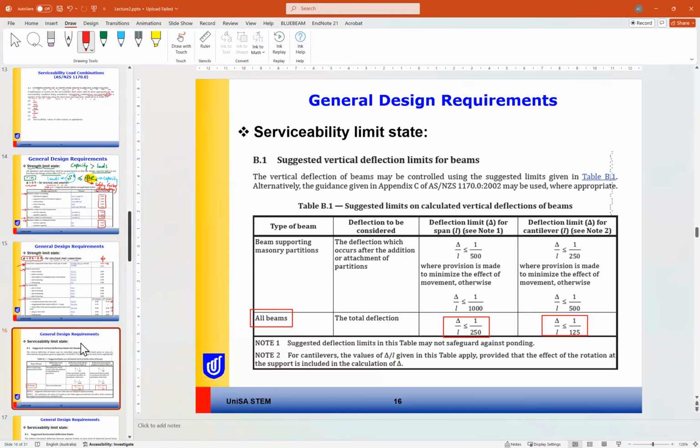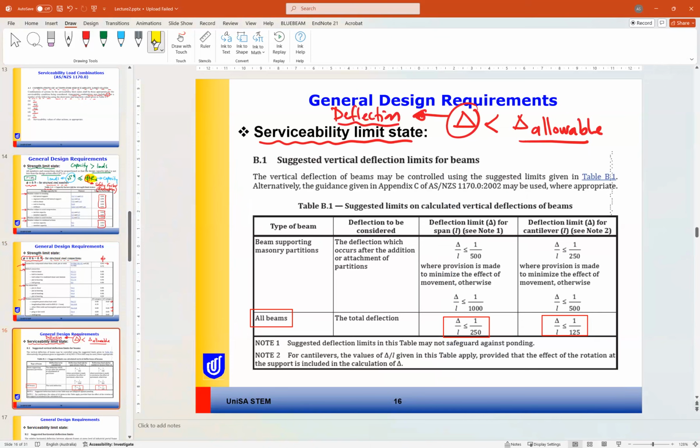And for serviceability limit states, what are the criteria of design, or what is the suggested limit? So again, we need to make sure that delta is less than delta allowable. So we will know later how to calculate the deformation or deflection for the member using manual formulas or software. But what is the allowable limit of deflection?